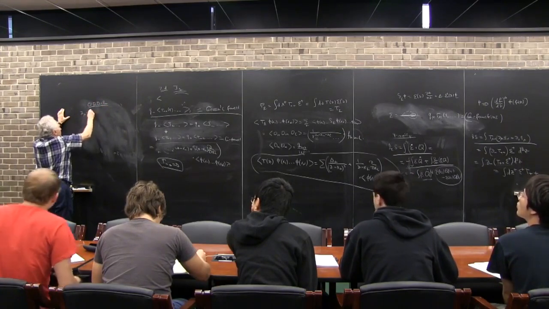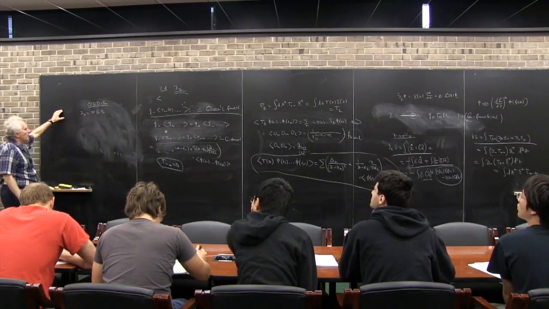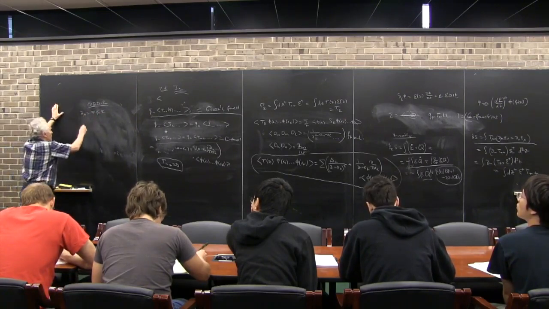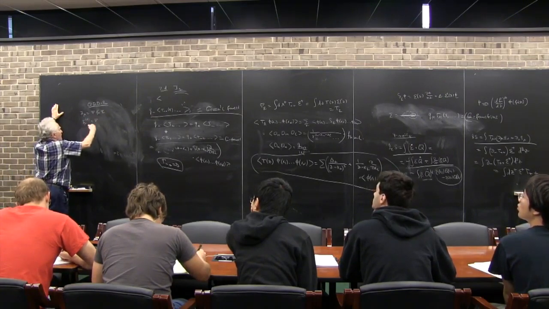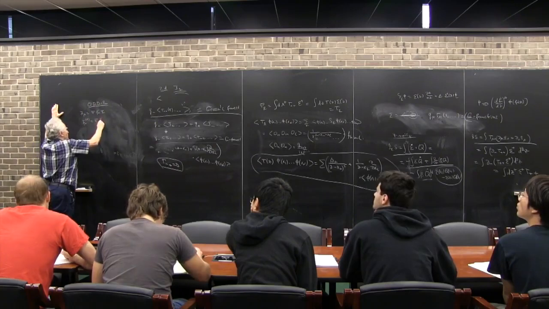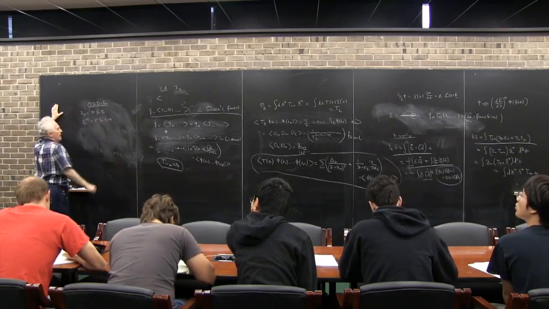you have the current psi gamma mu psi, and you always have the axial current, which is slightly, well, in normal electrodynamics it would be this thing.